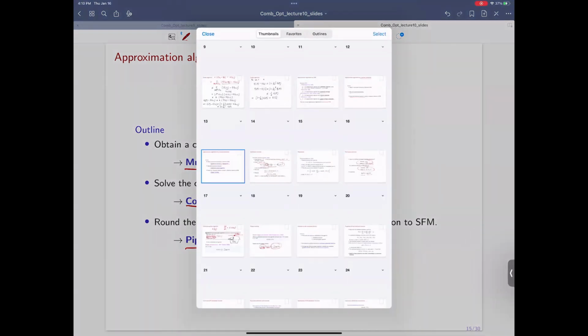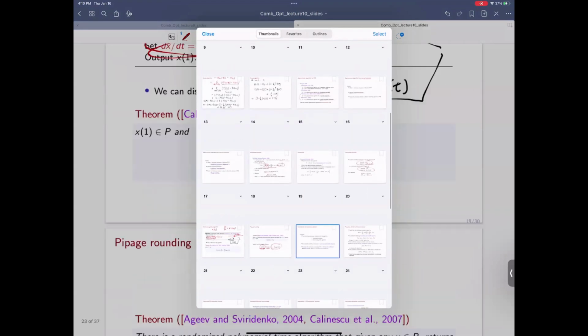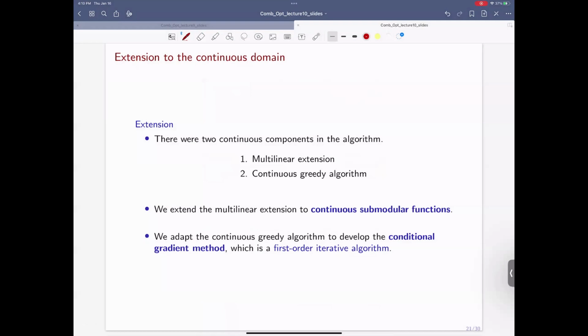And in fact, what people have observed is that we talked about this multilinear extension, which is directly coming from submodular set functions. But people have noticed that there are similar classes of continuous functions, not just the multilinear extension, which keep some important properties of the multilinear extension.